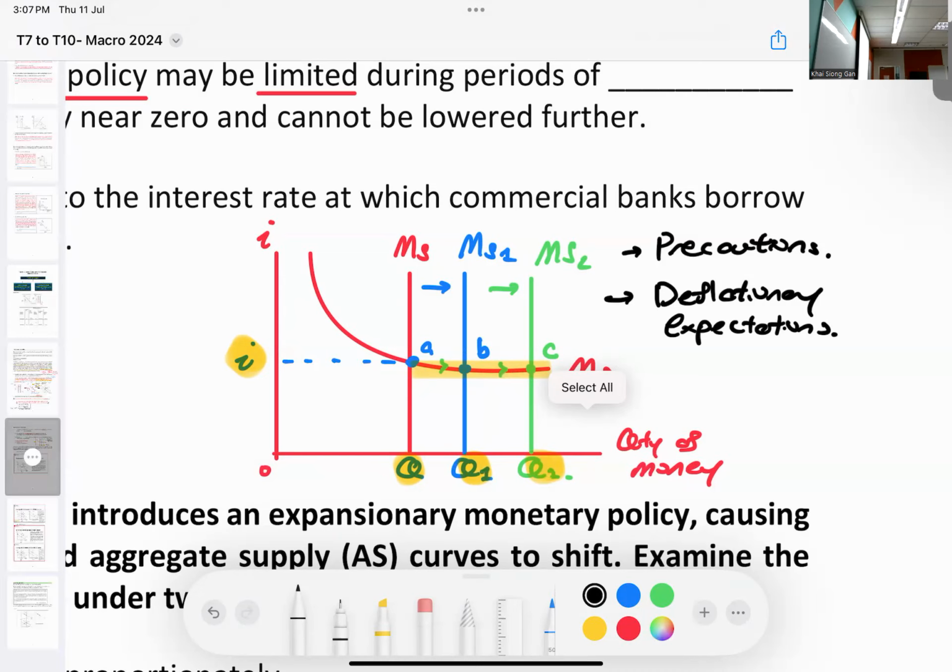Now if everyone thinks like that, the economy will collapse. Because everyone just holds their money and waits, but at the end it may not happen. Deflationary expectation means we are expecting the price to go down further. Everyone feels the economy is not doing well now, so we predict prices will fall further, and we don't want to spend now. That is what makes the country go deeper into the recession, into the deflation.